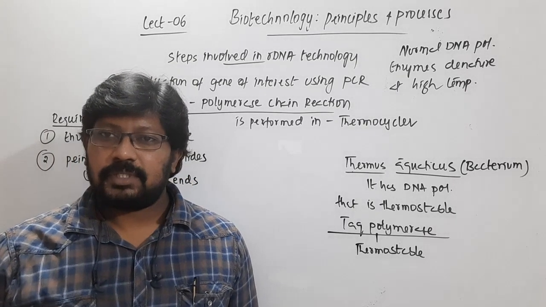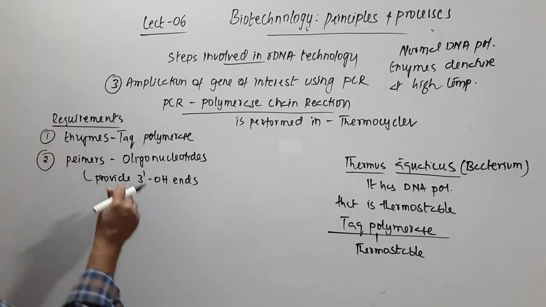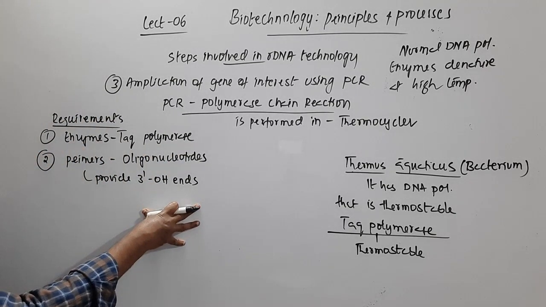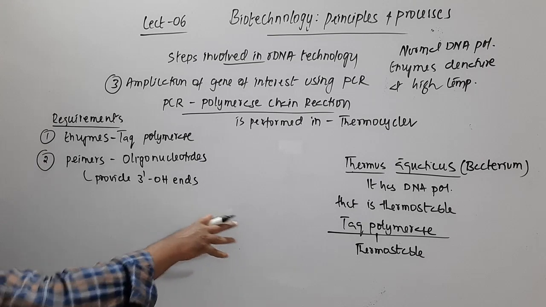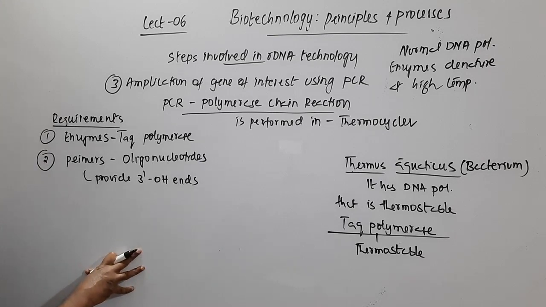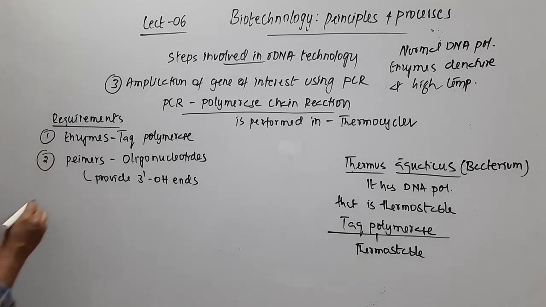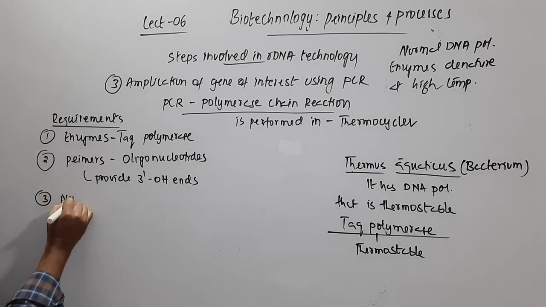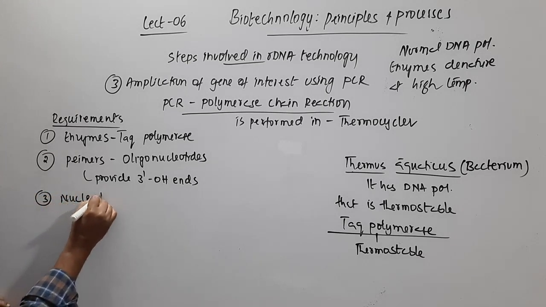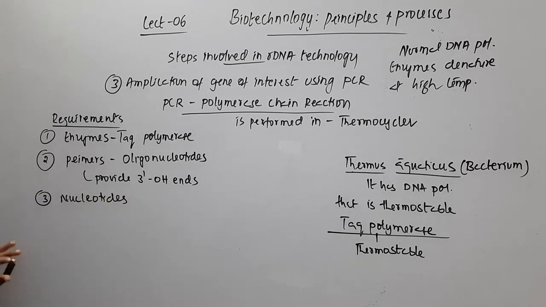They compulsorily require these 3' OH ends. Without that they won't start the process of extension, or making a new strand. So it requires the enzyme, the primers, and also nucleotides. These are the things required to perform this PCR.